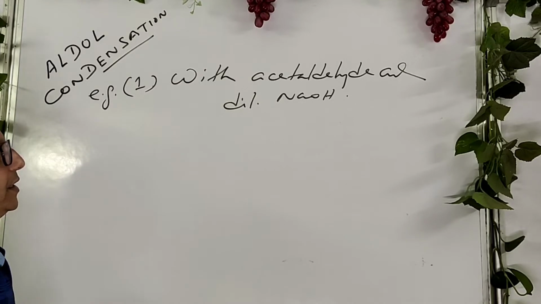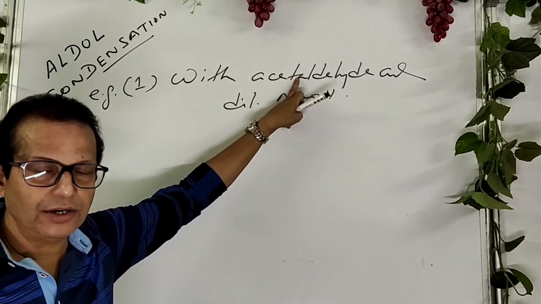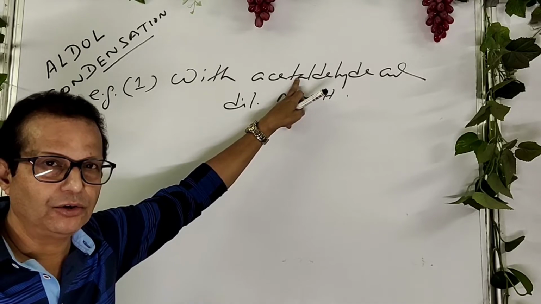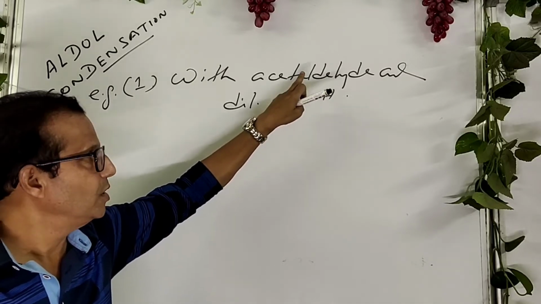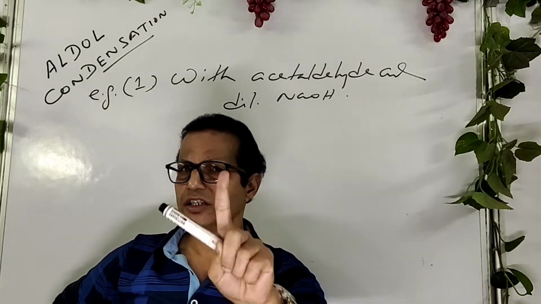With acetaldehyde and dilute sodium hydroxide. Listen to the technique. In aldol condensation, whether you take aldehyde or ketone, two molecules are used. So the technique is to write the structure of the first molecule.